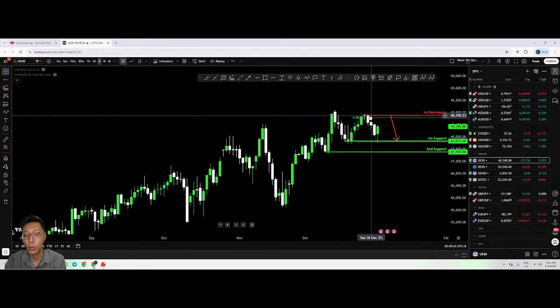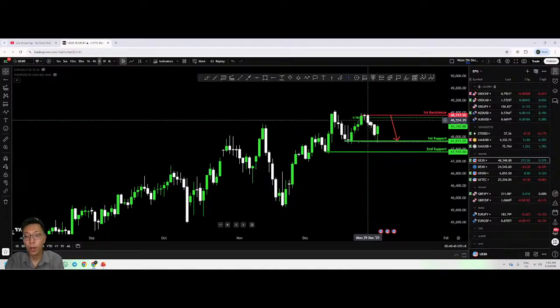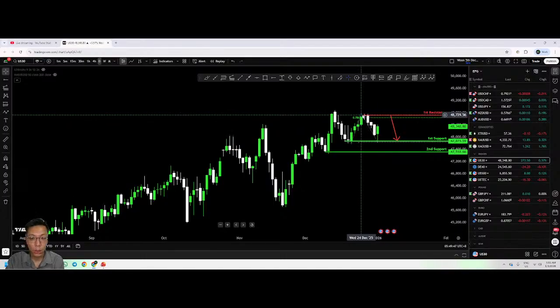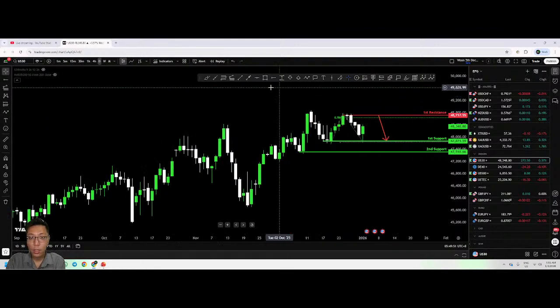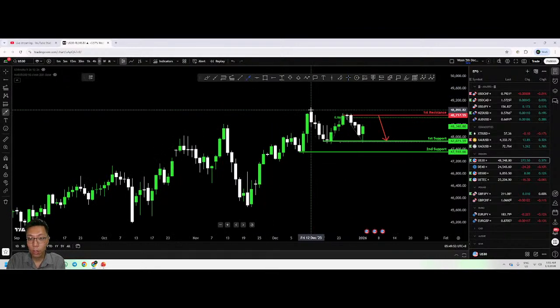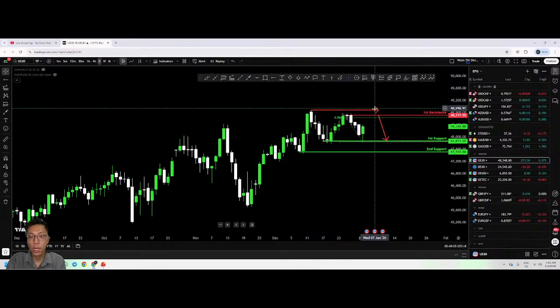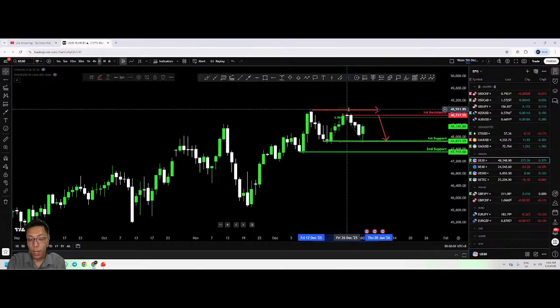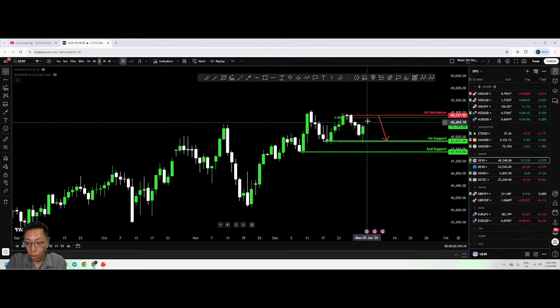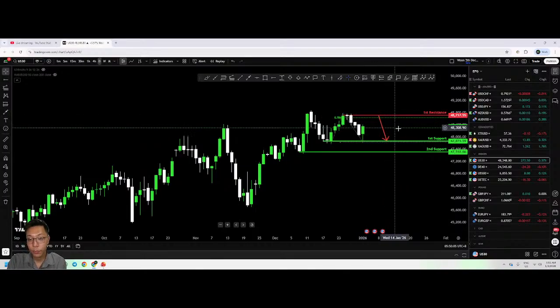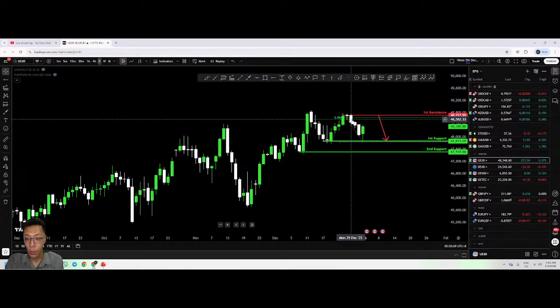If there is an opportunity, most likely price might not go past this level, because price did not break past this area over here. If price did actually break past this level, then do not sell over here. That's what you just have to remember.